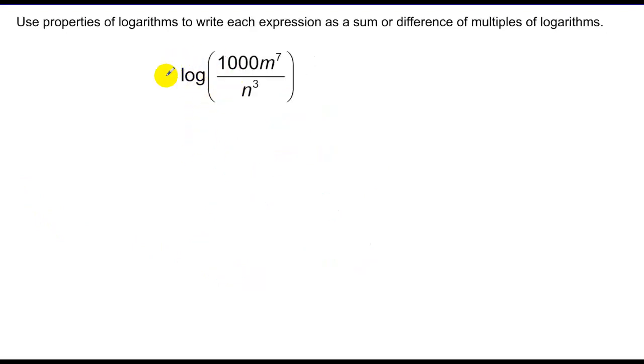So this problem is actually a little bit trickier. We're still going to pull it apart, but you'll notice it's pretty easy to see I have a division, I have these powers, but what a lot of people forget is there's a multiplication of the 1,000 and the m to the 7th. So we're going to have to deal with all that. So I have the log of 1,000 m to the 7th minus the log of n cubed.